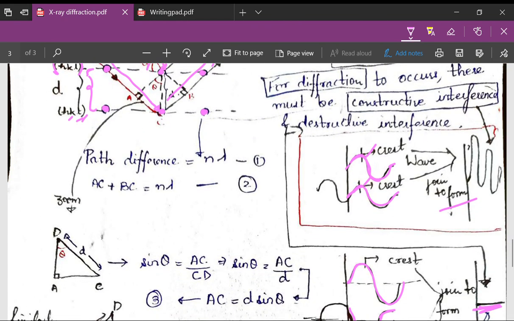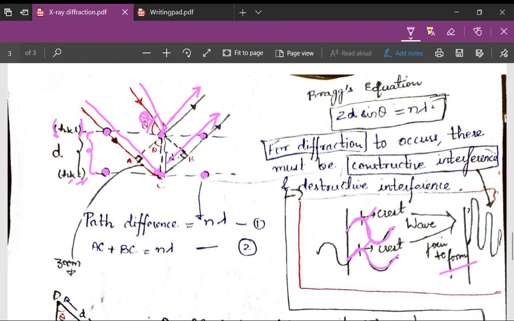To study constructive interference, we measure diffraction by the path difference, which is equal to n lambda.